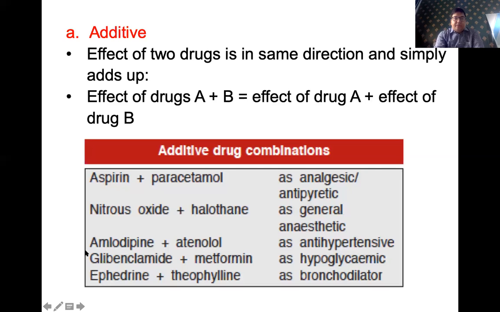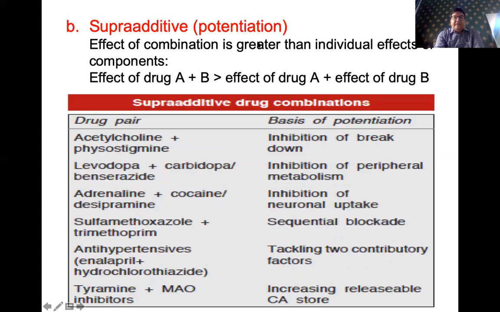But the supra-additive ones are those where there is potentiation. That means the effect of drug A plus B is greater than the effect of the individual drugs when added together. Example is acetylcholine combined with physostigmine. Since physostigmine inhibits the breakdown of acetylcholine, it will potentiate the effect of the acetylcholine.